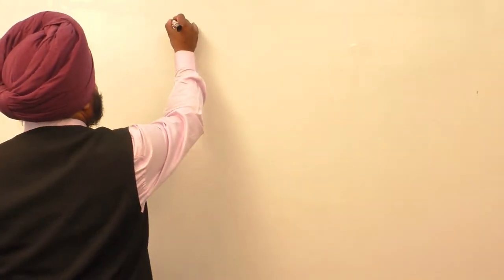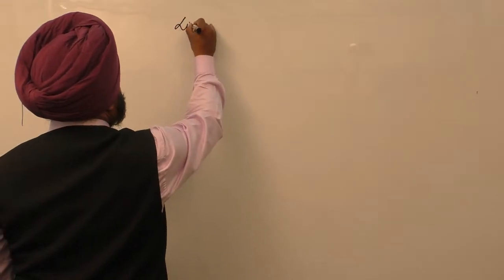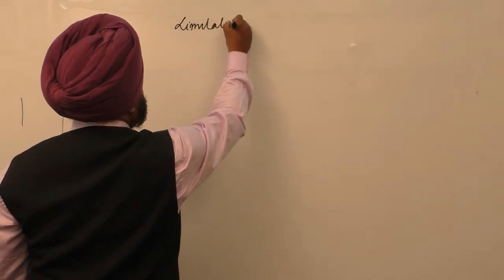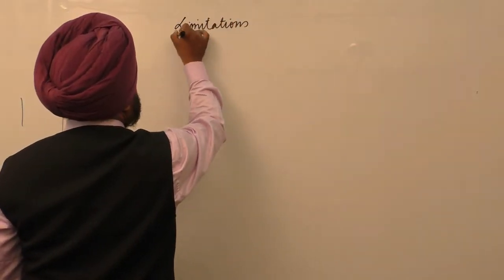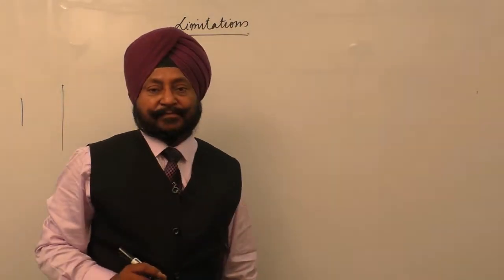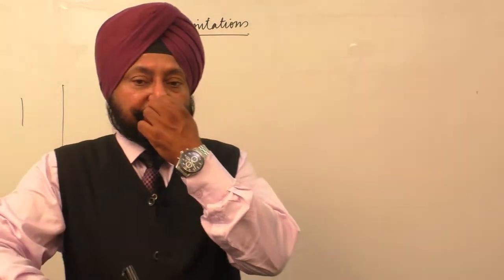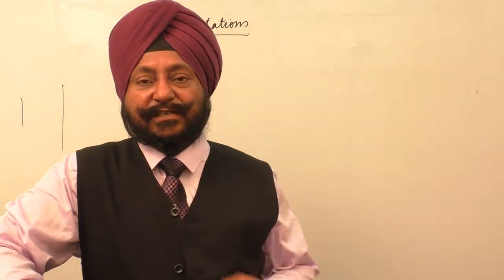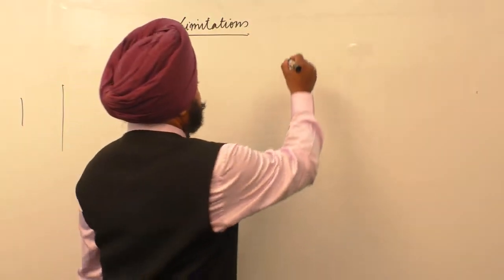Now why did we need the second law of thermodynamics? Because there were some limitations to the first law of thermodynamics. What were the limitations? Number one, the first law of thermodynamics does not tell us under what condition heat energy is converted into mechanical work.